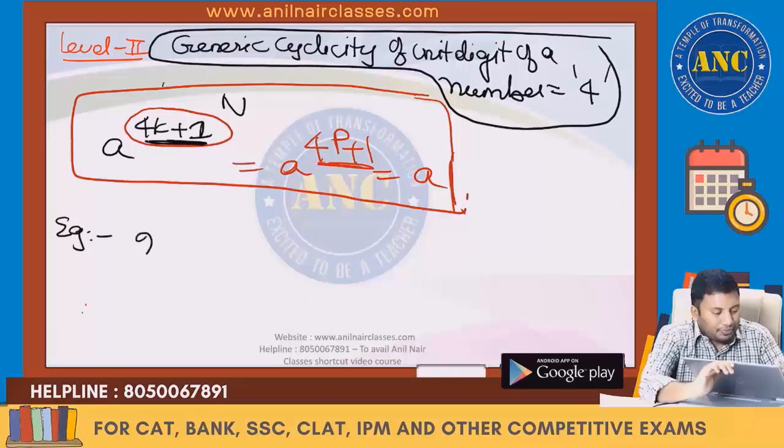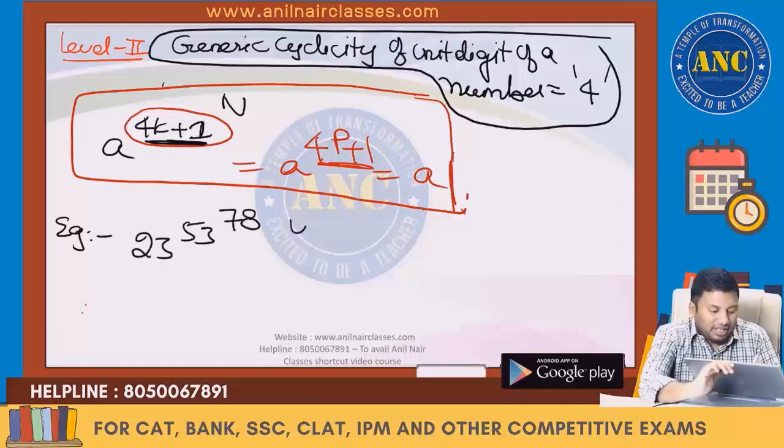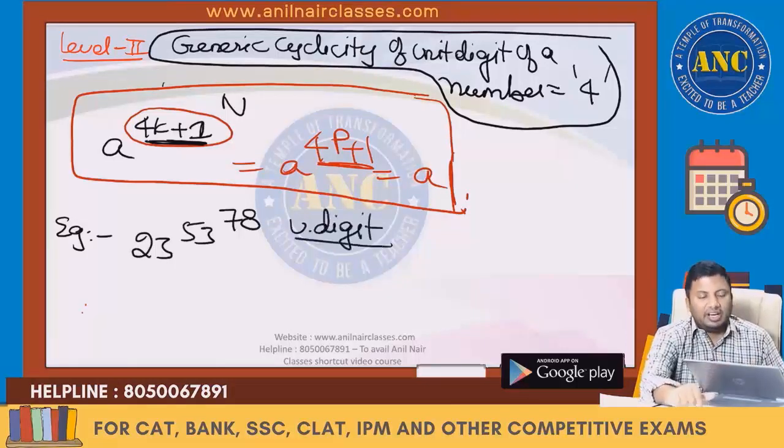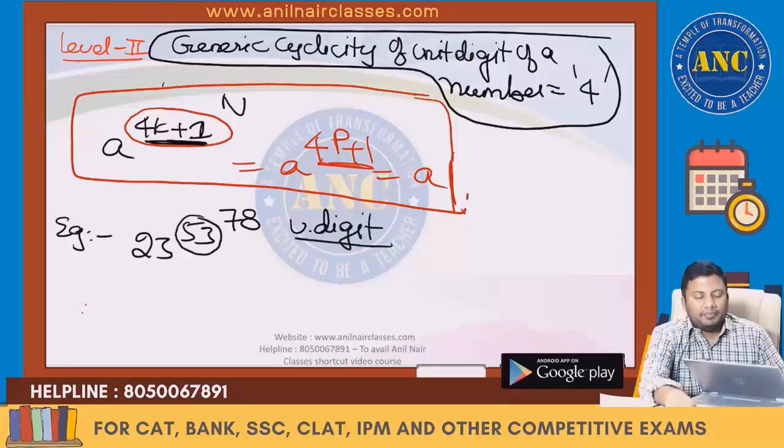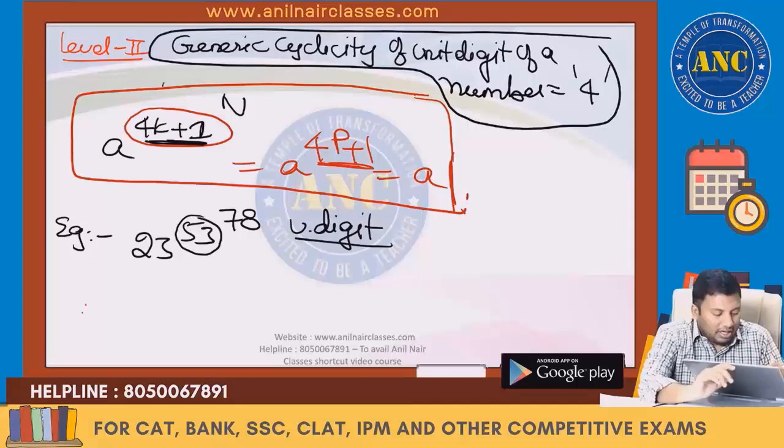Examples. 23 power 53 power 78. First take the first power, which is nothing but 3. Let us take another number, 55, so that this example will be clear.